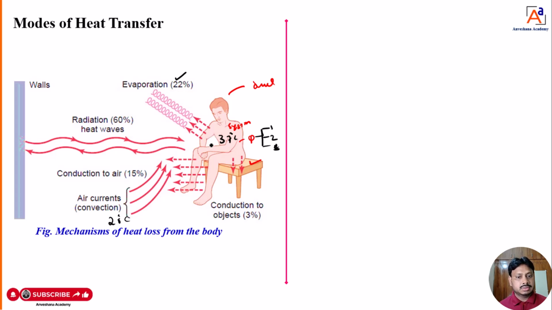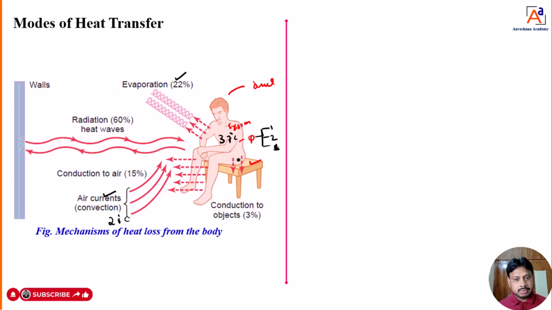Hence your body transfers excess heat to the air, where the air molecules or atoms are in motion. Due to this molecular motion, you have removed your excess heat to the surrounding. That type of heat transfer we call convection heat transfer, dear students.